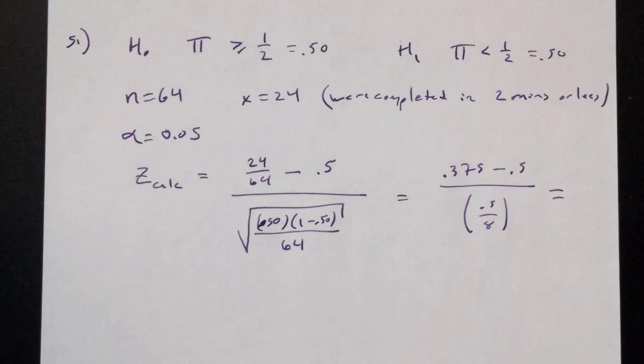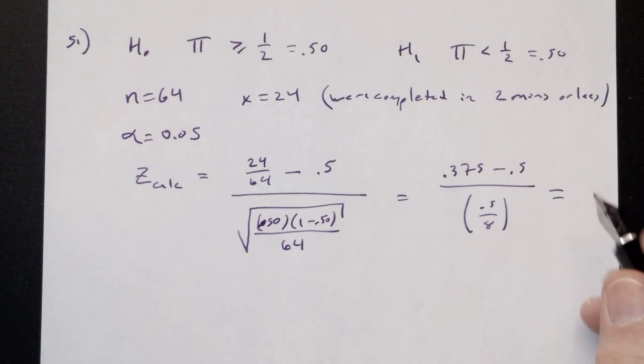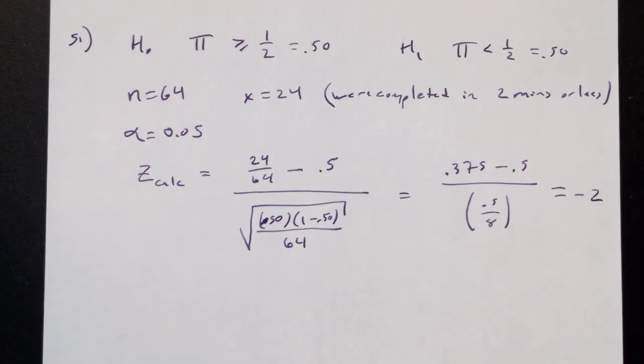When I divide here, 0.5 over 8, that's 0.0625. Hey, that works out really nicely. This is rigged really nicely, isn't it? This works out to be -2.